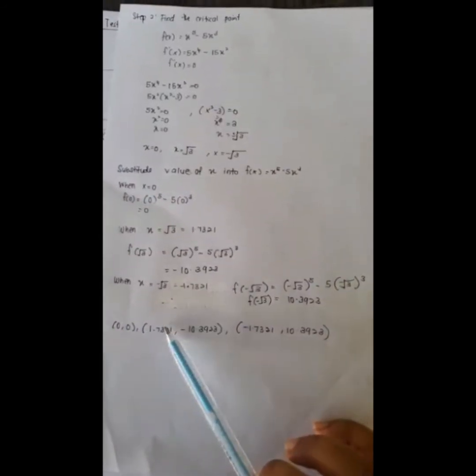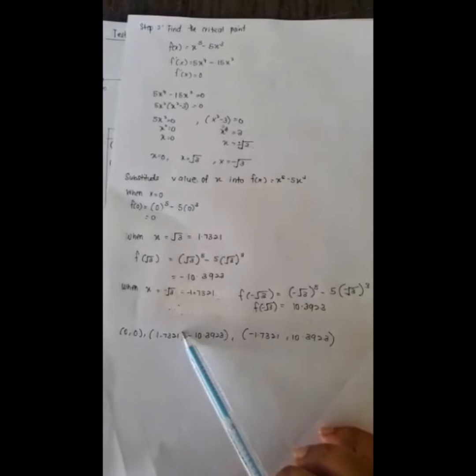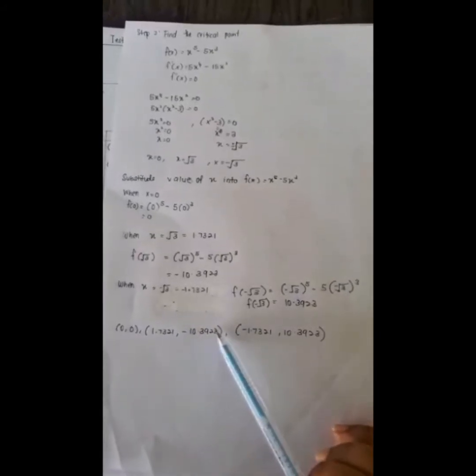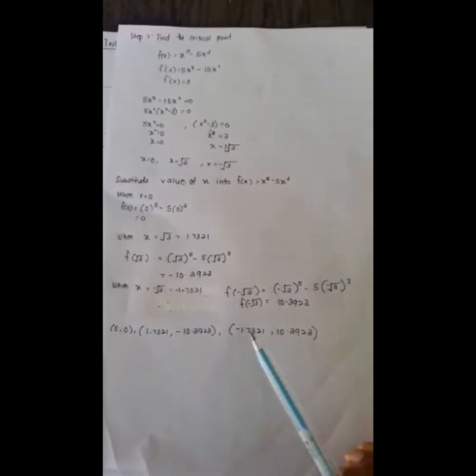When x equals 1.7321, f(x) is negative 10.3923. When x is negative 1.7321, our f(x) will be 10.3923. Okay, so we can move to the next one, which is we have to test the values we got.